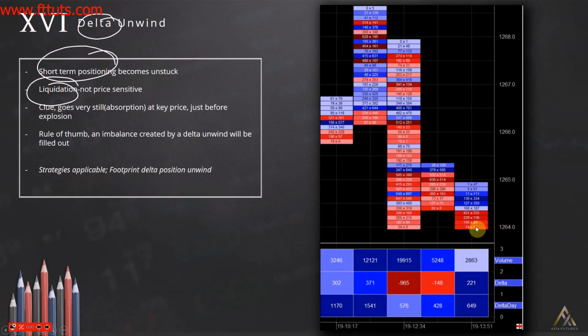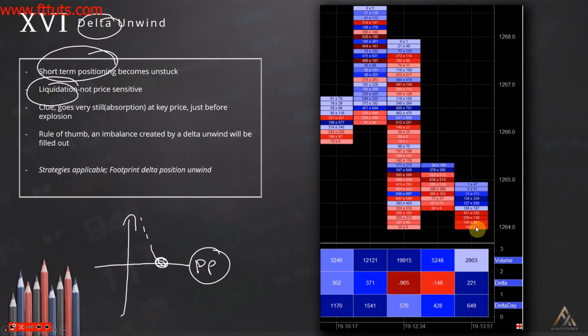Okay, now note, in terms of the positioning, when there is liquidation, this is the key to understanding a delta unwind. Let's say, for instance, the market had been initiating, and this was our pocket position. I'm going to call it a PP, our pocket positioning. The market comes back down. Ultimately, once we get below that point, the buying threshold, we get below that point where the buyers are going to stop out.